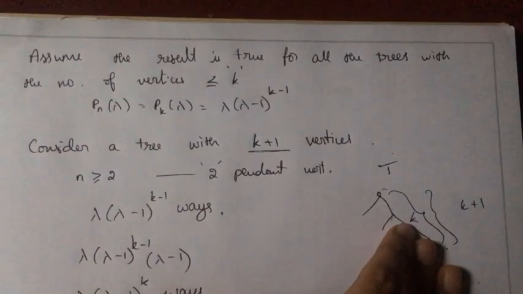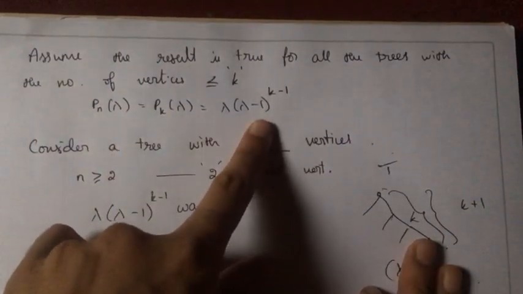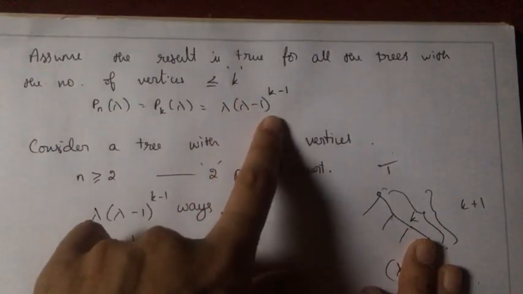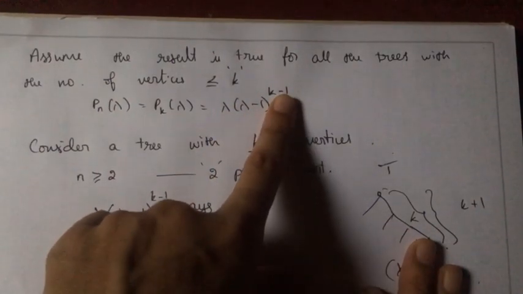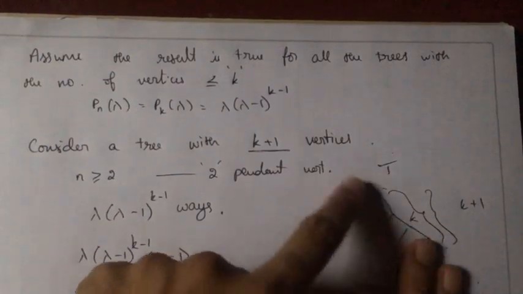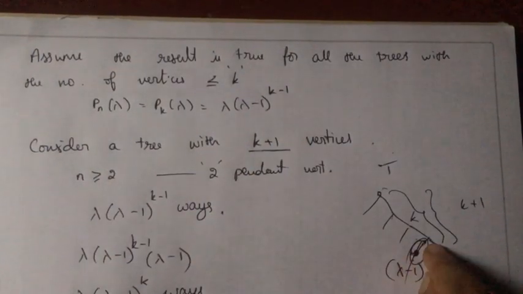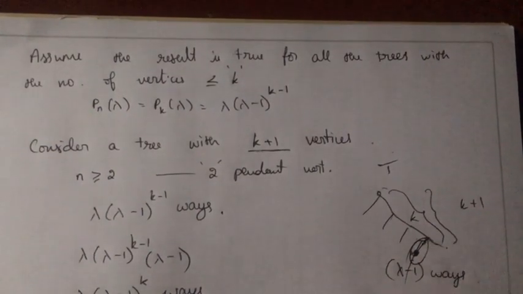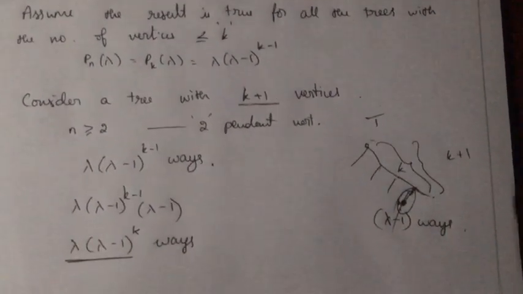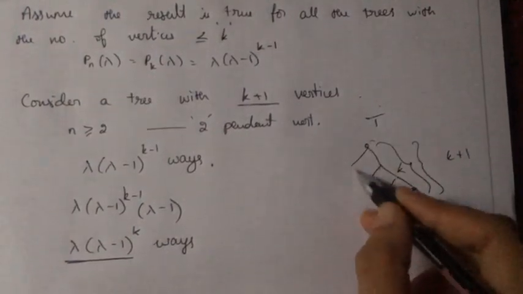We have already assumed that for a tree with k vertices, Pn of lambda is lambda into lambda minus 1 power k minus 1. Now after coloring all these k vertices, I'll add that pendant vertex along with the edge to the same position from where I removed it.